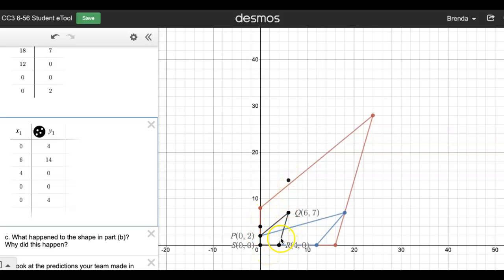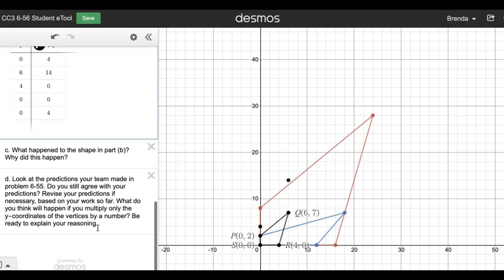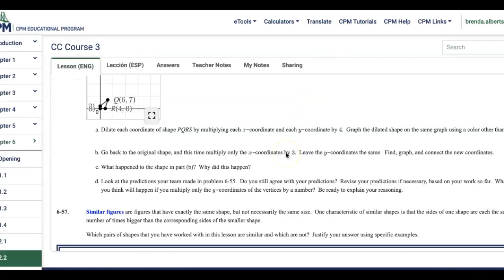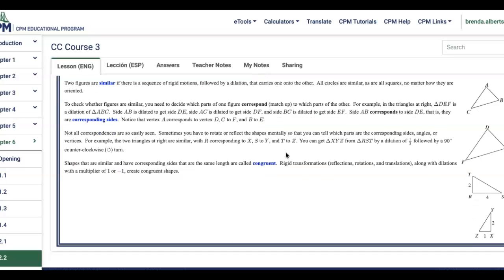But what I wanted to see is when we only change the x's, or when we only multiply the x's, it kind of squishes the figure down. See, this got shorter. But when we multiplied the y's, we stretched the figure out. It got taller, but it stayed the same width. So that's what I really wanted the kids to see when we mess around with changing the axes.